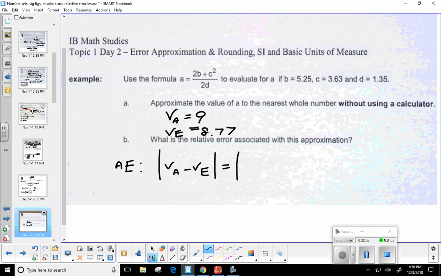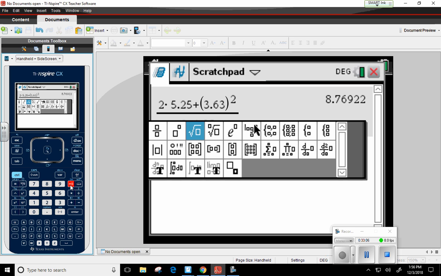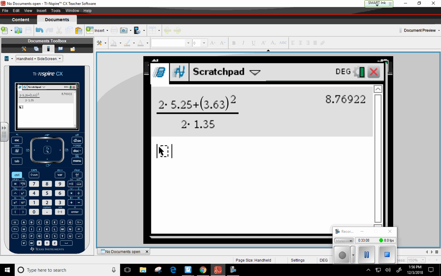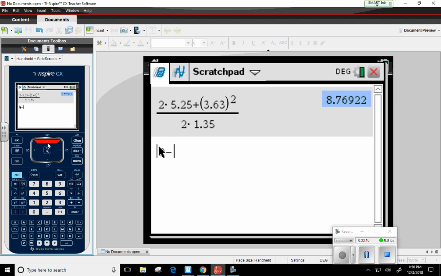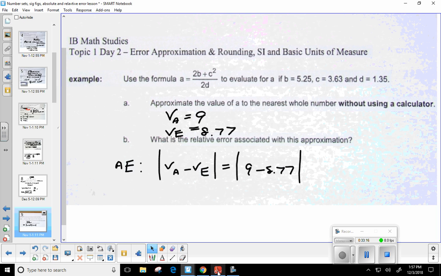Which is equal to the absolute value of 9 minus 8.77. But I'm going to use the approximate value in the calculator. If we go to this button here, absolute value of 9 minus, click that in, I'm getting 0.231. So that would be my absolute error. And we find the relative error by doing what?